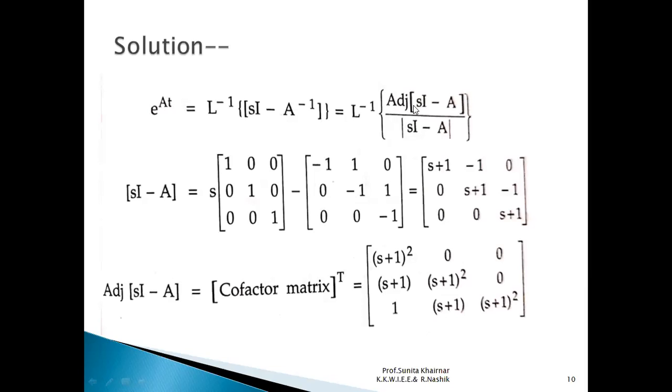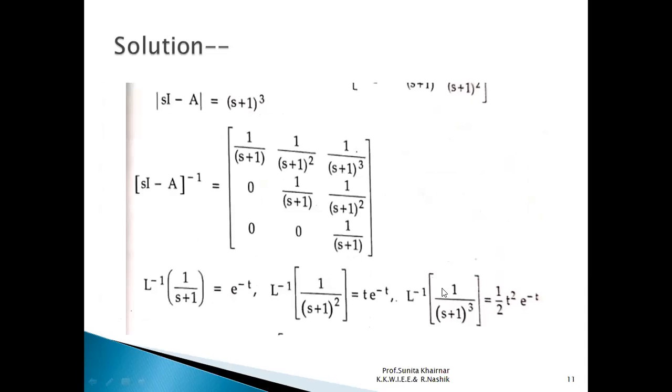That is equal to the adjoint of (sI minus A) divided by the modulus of (sI minus A). And hence sI minus A is obtained like this. This is the sI matrix, I matrix for 3 by 3 order. Then this A matrix, so we will get sI minus A like this. Now the adjoint of (sI minus A) is what? It is the transpose of the cofactor matrix, and we will obtain it in this manner, because we have to verify the answer by the MATLAB program.